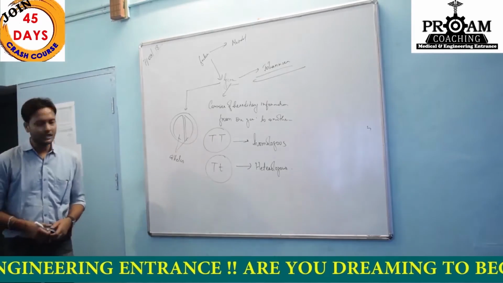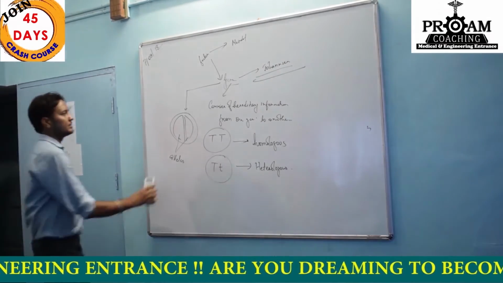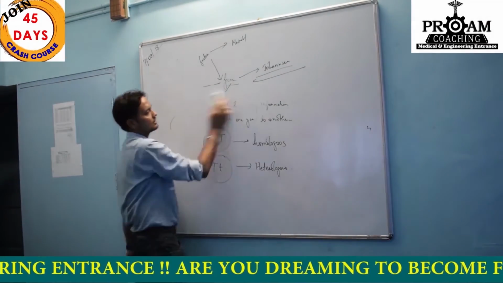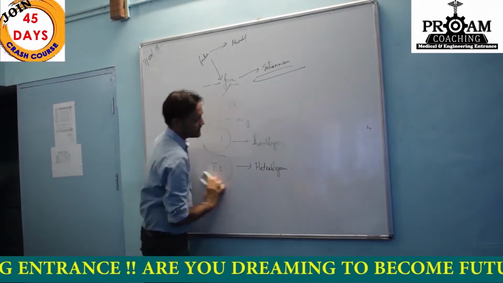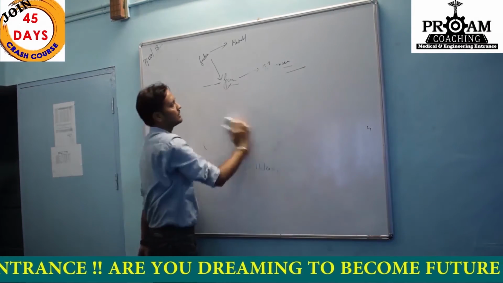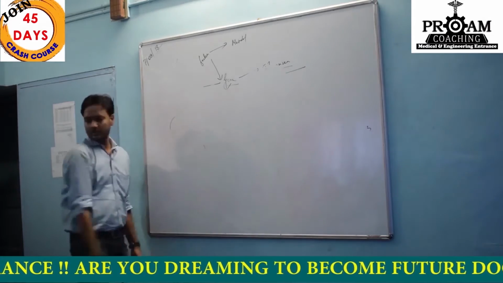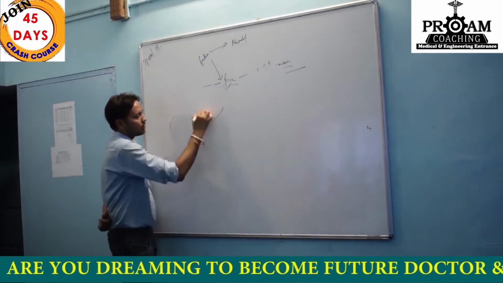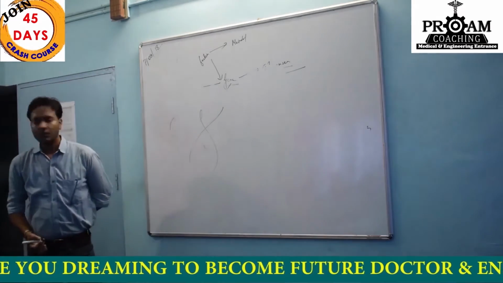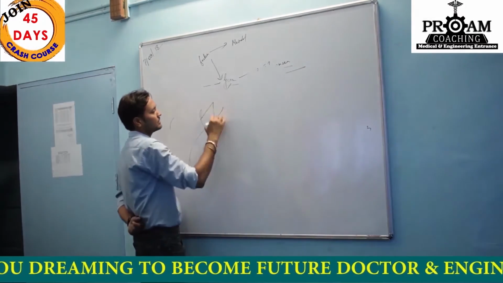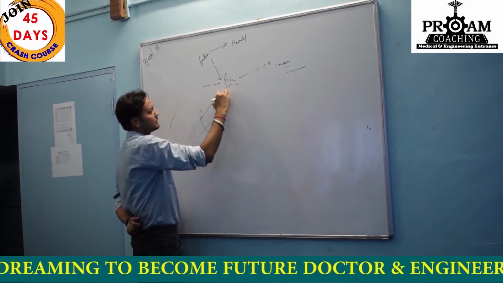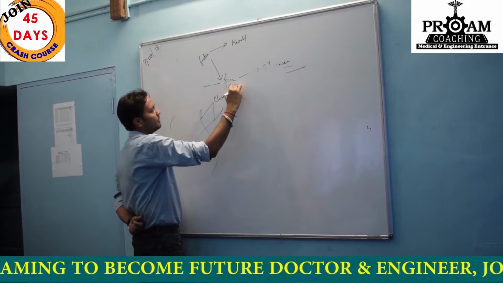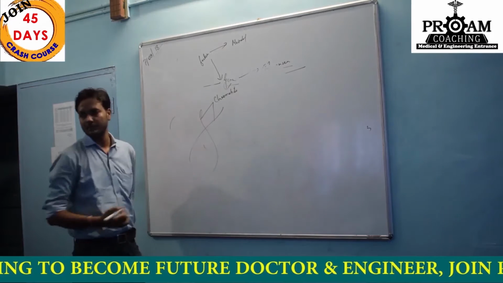Is it clear? Now, where is the gene present? Can anyone tell me the answer? Genes are present on the chromosome. This is a chromosome. One chromosome has two chromatids. These are chromatids. Chromatid means the arm.